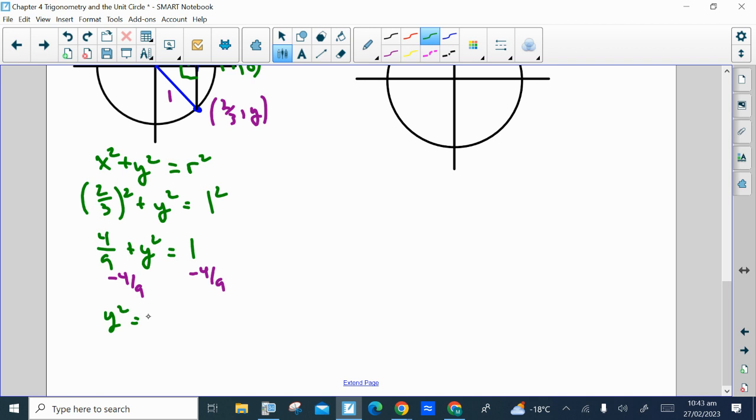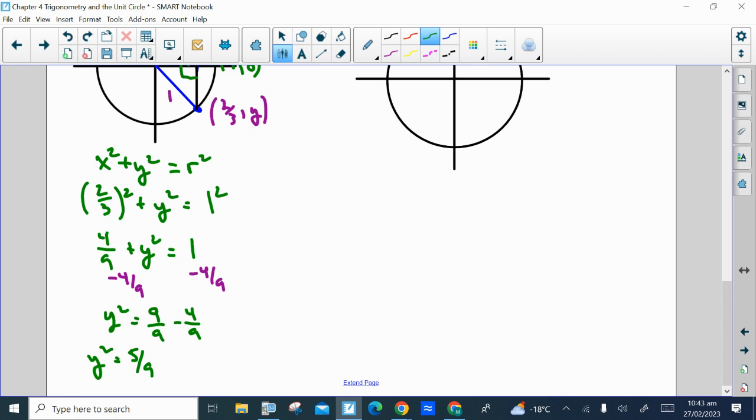On the right, if you subtract 4/9 from 1, we would want to write 1 with a denominator of 9 as well. It'll be 9/9 minus 4/9. So y squared will equal 5/9.